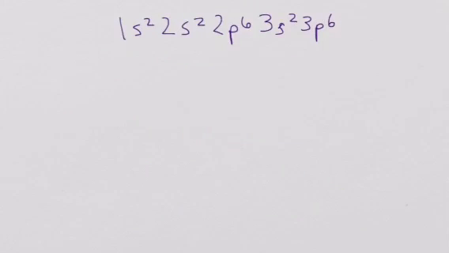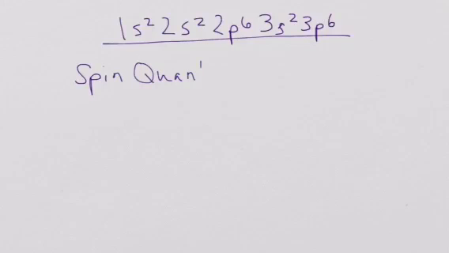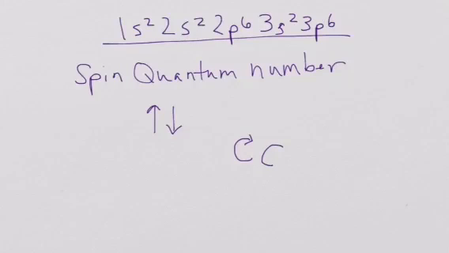Okay. All right, our very last quantum number that we've talked about is the spin quantum number. And that just talks about which way the electron goes. And you have 1 up and 1 down. It's showing you that 1 electron is spinning one way and the other electron is spinning the opposite way.